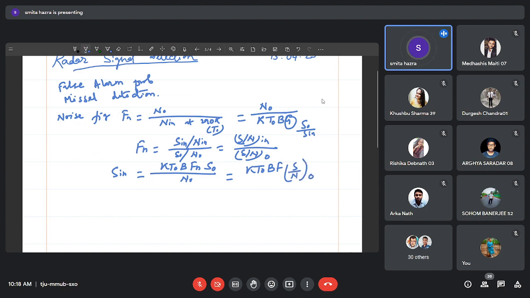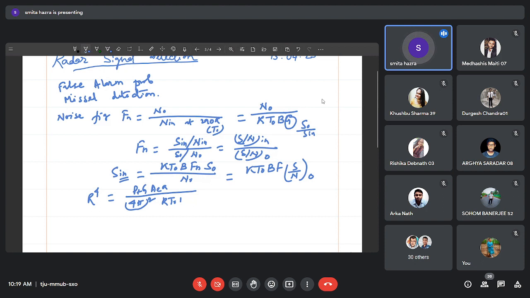So here in the range equation, if we substitute this value of S min, this S input in the equation of S min, then R to the power 4 is equal to how much? R to the power 4 is equal to PT G Ae sigma in the numerator, and in the denominator it is 4 pi square k T0 B Fn times S by N output. Here it was S min, so instead of S min, let us substitute these things.